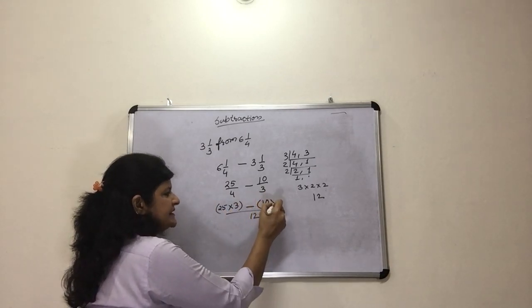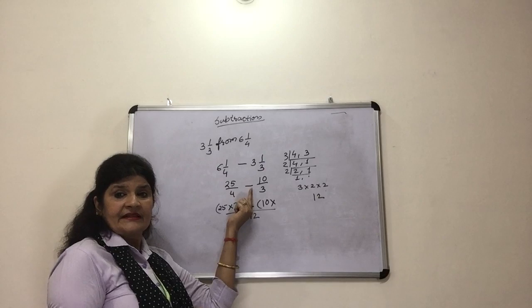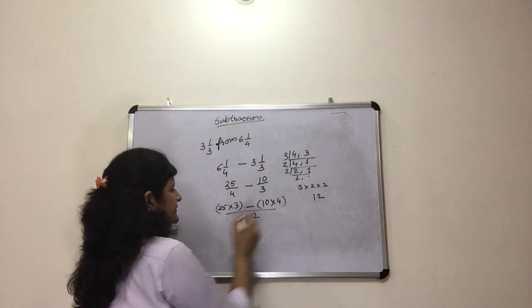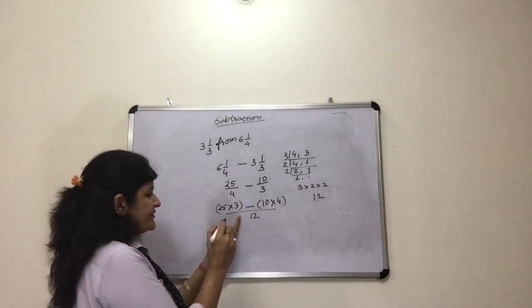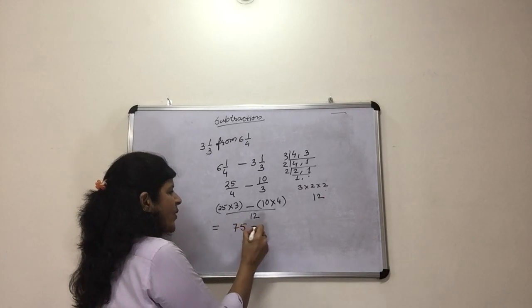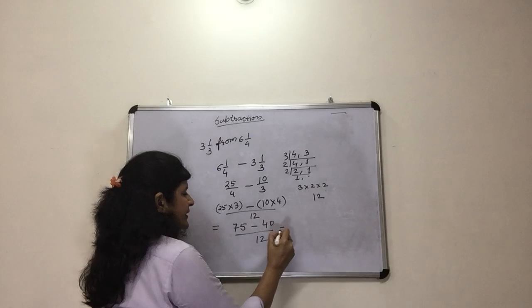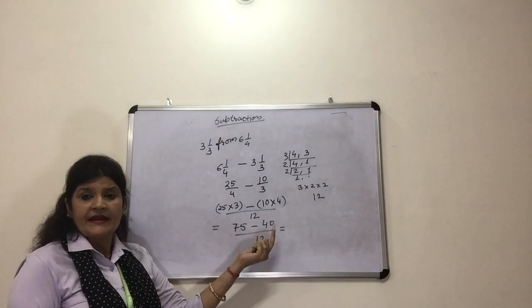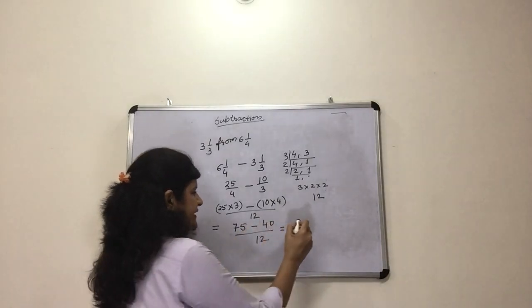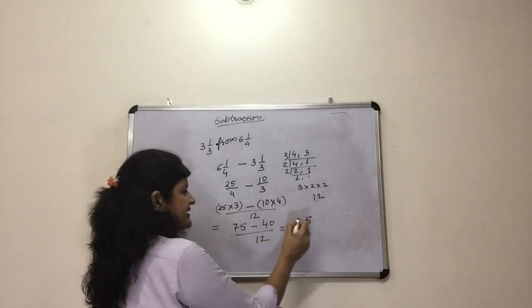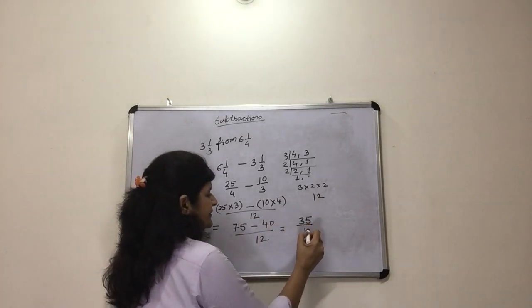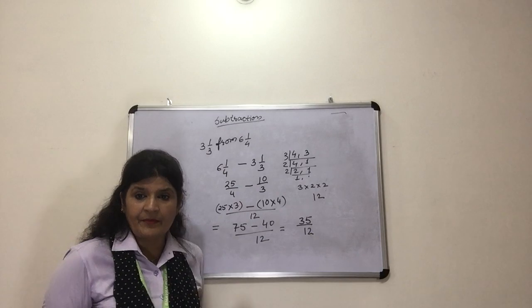Numerator will be copied. 12 has been divided by this 3. 3 4s are 12. Now we will solve. 25 into 3, 75. Minus 10 4s are 40. Now we will subtract 75 minus 40. 5 minus 0, 5. 7 minus 4, 3. This is 35 upon 12.